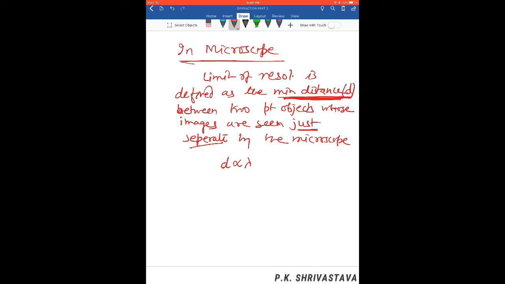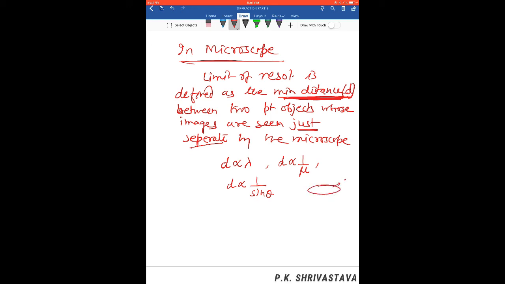It is directly proportional to wavelength of light. It is inversely proportional to refractive index of medium between object and objective lens of the microscope, and it is also inversely proportional to half the angle of cone of light from object onto the objective lens of microscope.